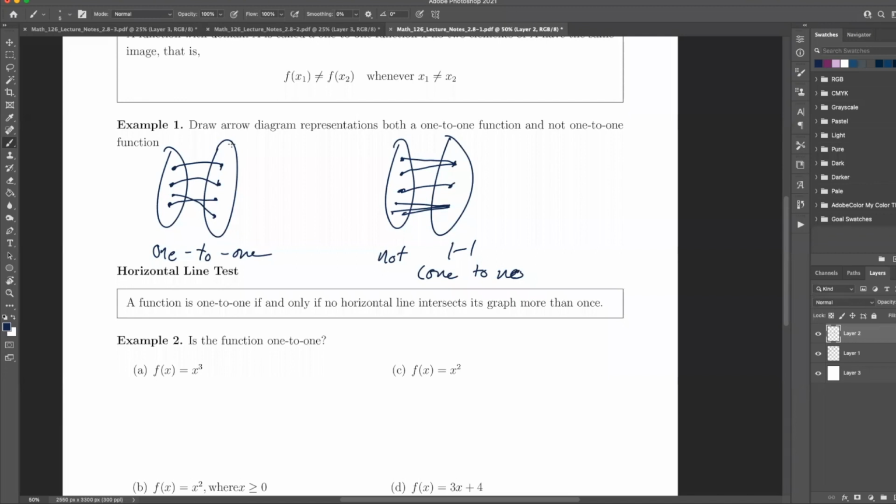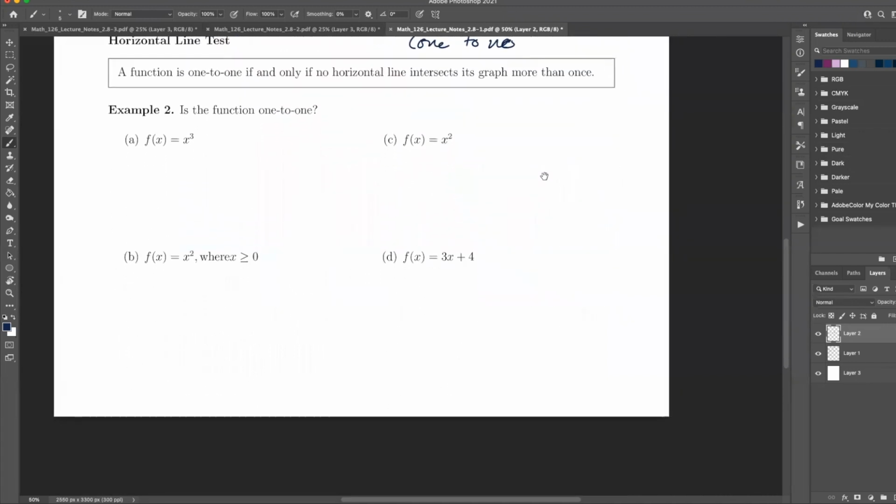The second you have one function value be something, none of the others can be that. If you have two function values which are the same for different inputs, that breaks the one-to-one nature. The reason we care about this is it allows us to define inverses for functions, which are super useful.